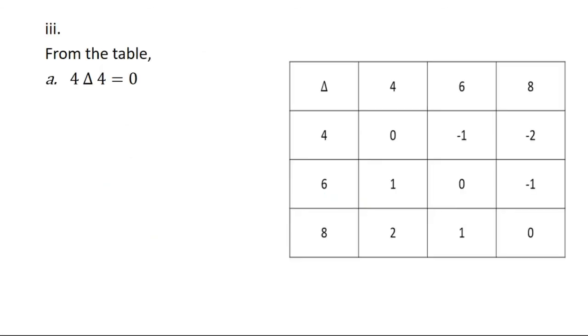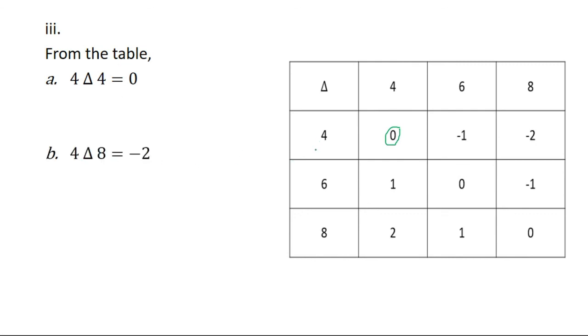Part III says that from the table we should find 4 delta 4. So we have our table here. If you are supposed to find 4 delta 4, all we need to do is to read 4 delta 4 from the table. So 4 delta 4 will give us 0. So we pick that. We are supposed to find 4 delta 8.